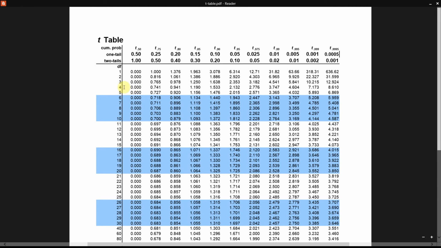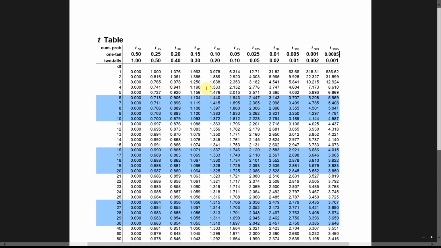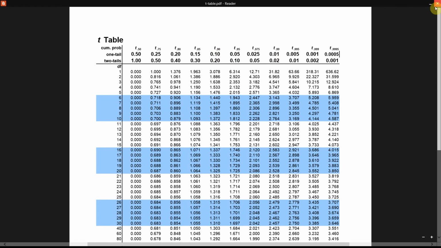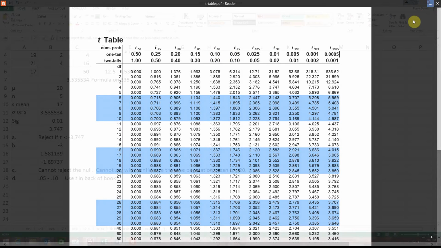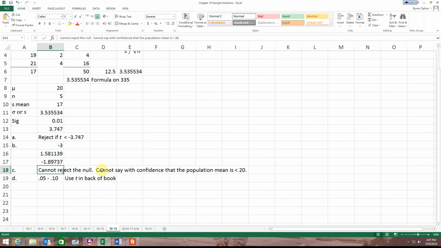So my degrees of freedom, I just come along there, and I go, 1.5. Oh, it's less than this one. But it's greater than this one, so it's going to be in between those. So it's between 0.05 and 0.10. They do say the standard practice is to take the bigger one of those and say that it's less than 10%.